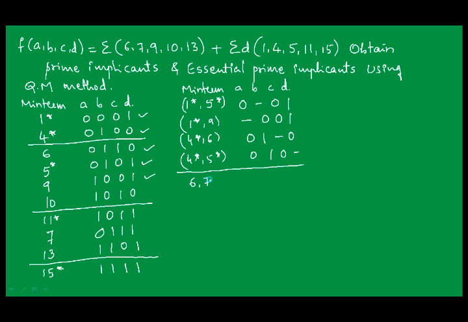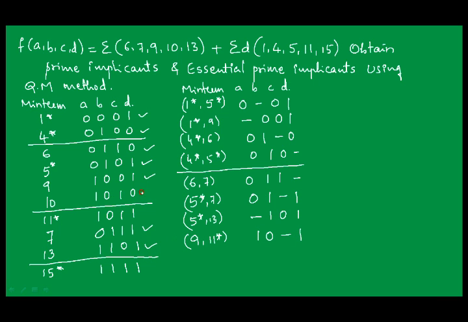Then 6 7, put a tick mark: 0 1 1 dash. 5 star 7: 0 1 dash 1. Next 5 star 13: dash 1 0 1. Then 9 11 star: 1 0 dash 1.